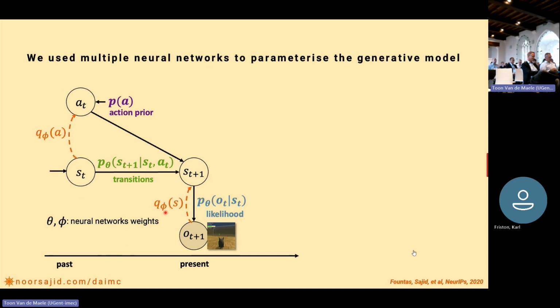The approximate distributions are denoted by phi. And what's nice is that to land this formulation, we can just use amortized variational methods to instantiate the same partially observable MDP. There's nothing changing here apart from instantiating each of the probability distributions as neural networks.